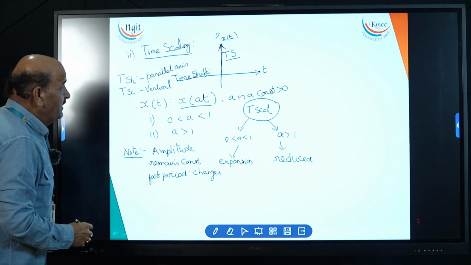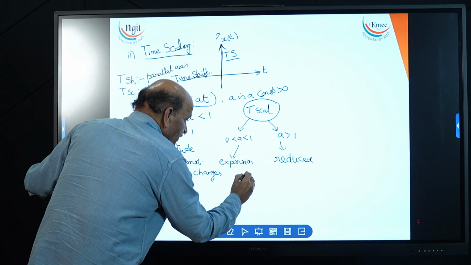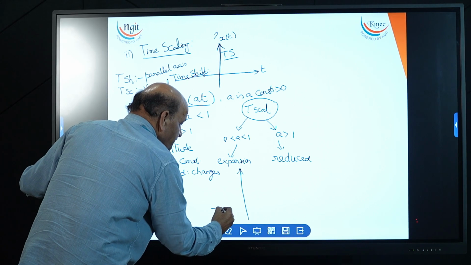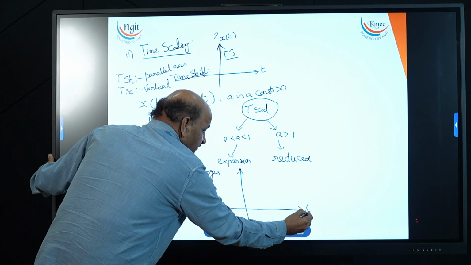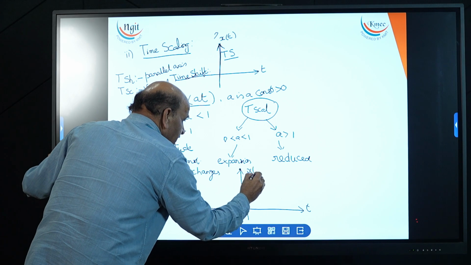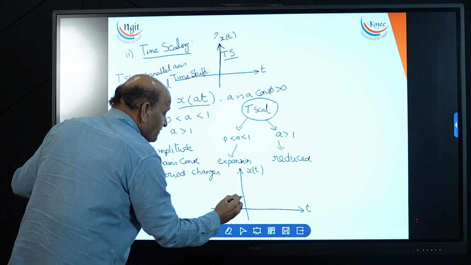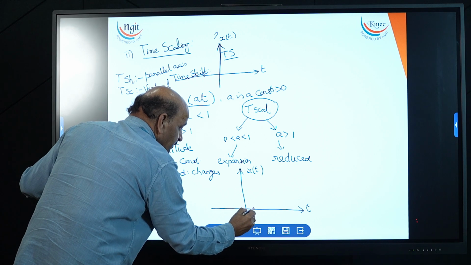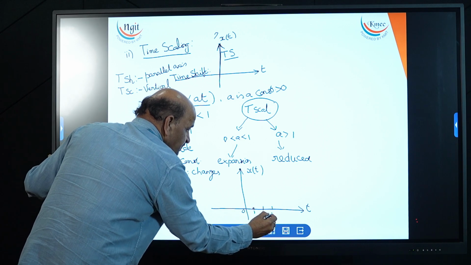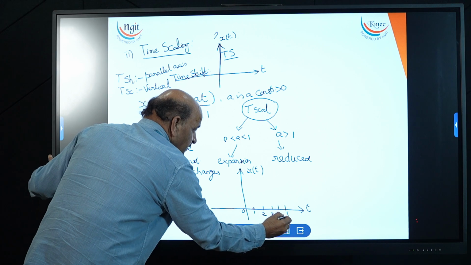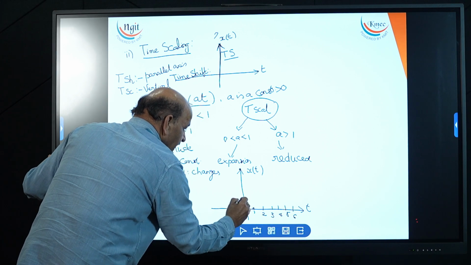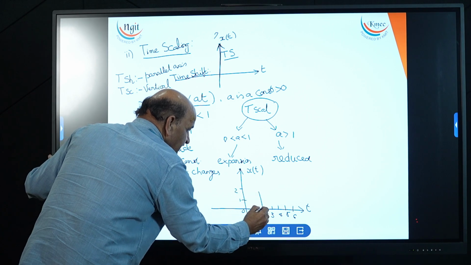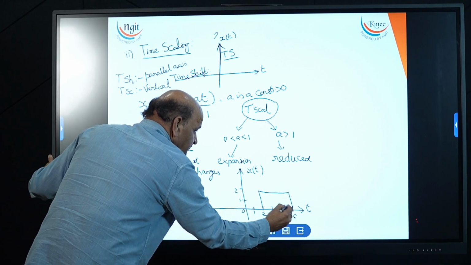For example, look at this one. We are making one example. This is a graph given, t and x of t. Here there is a signal. For example, this axis is 0, 1, 2, 3, 4, 5, 6, and the amplitude is 1, 2.